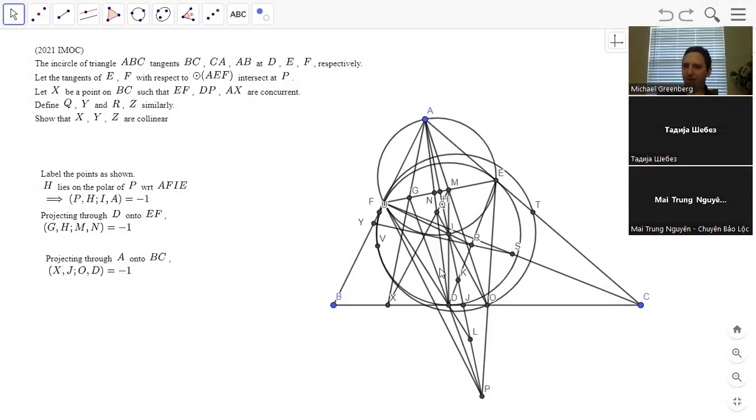I'm going to look at properties of the Feuerbach point. Kind of cheat here.